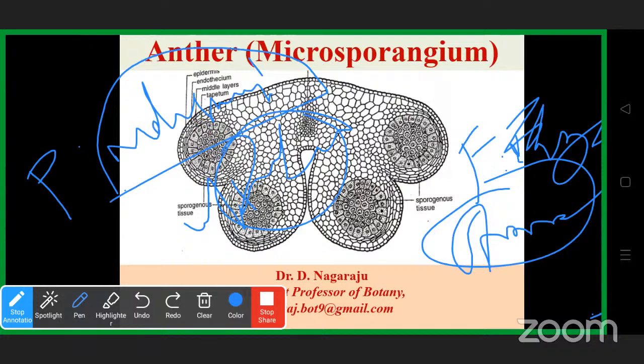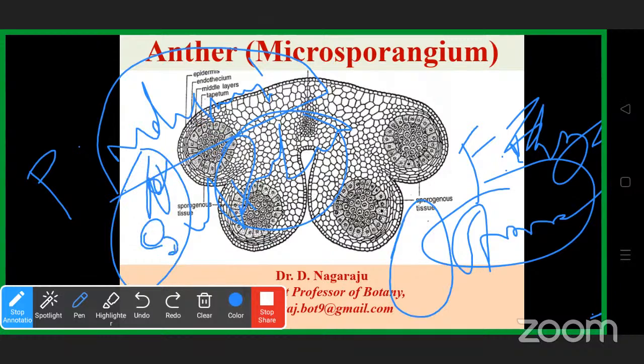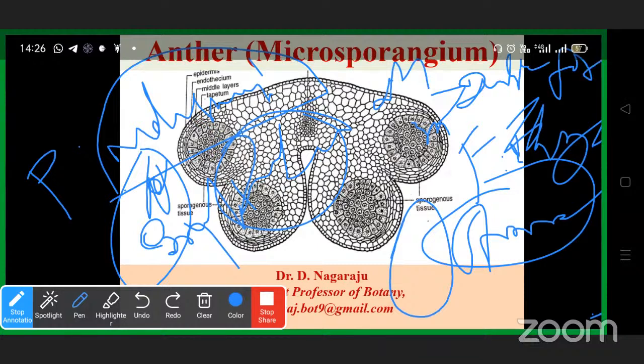And then pollination, fertilization. I told you that in angiosperms there are 2 fertilizations. One male gamete fuses with the egg cell, the second male gamete with the diploid nucleus. Syngamy plus triple fusion, commonly called double fertilization.